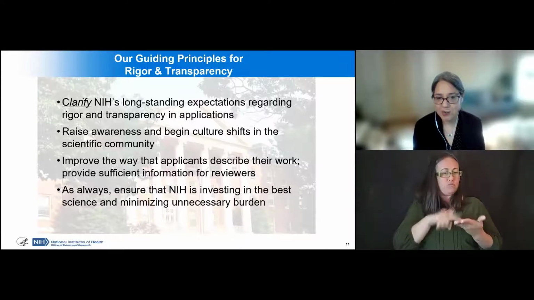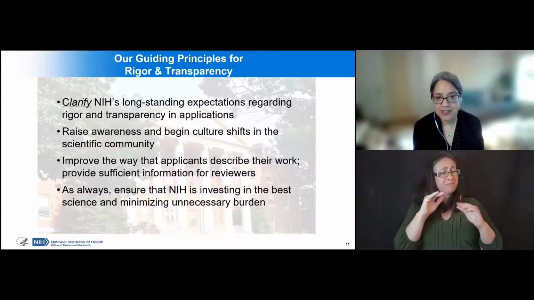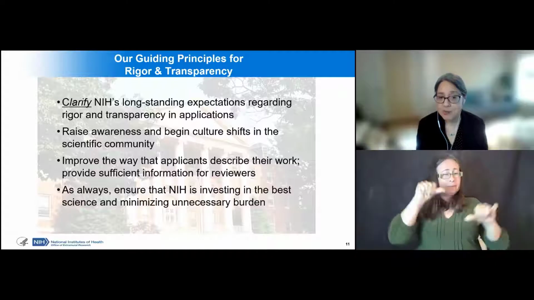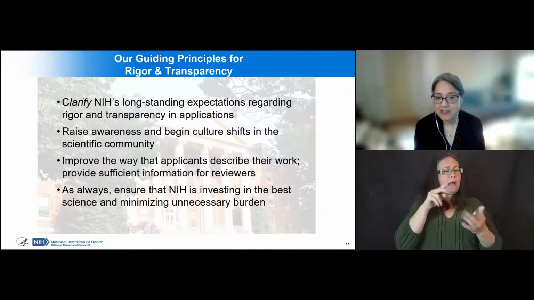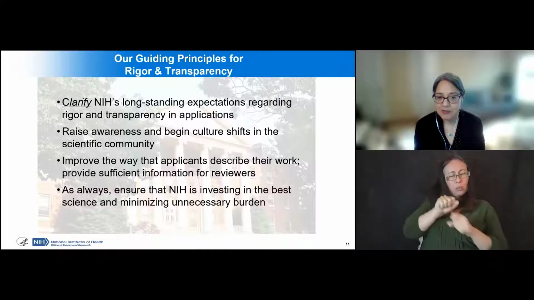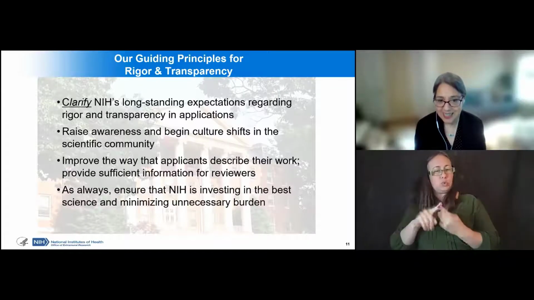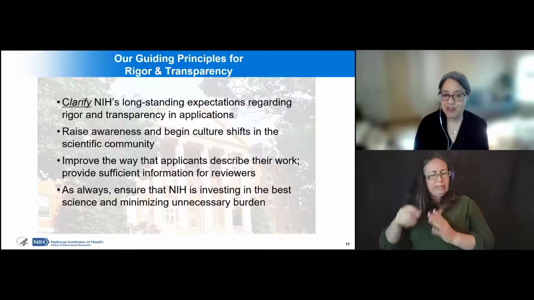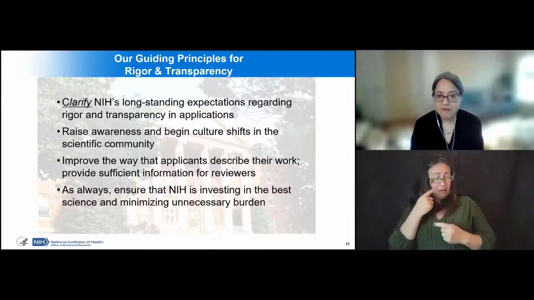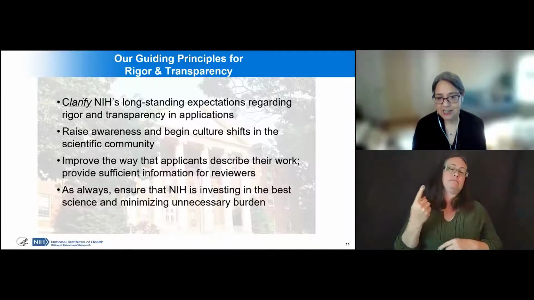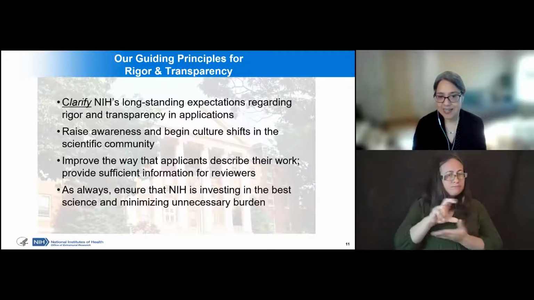We also wanted to raise awareness and begin culture shifts in the scientific community. We also wanted to improve the way that applicants describe their work to provide sufficient information for reviewers. Reviewers need to know more details in order to determine whether or not it looks like a proposal that could be successful. And as always, we want to ensure that NIH is investing in the best science and minimizing unnecessary burden.